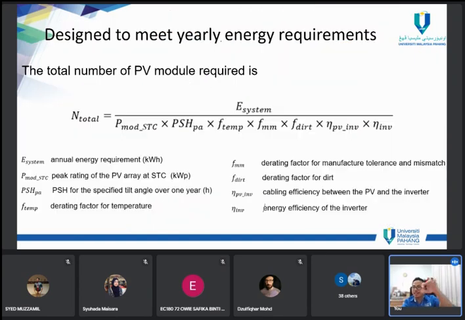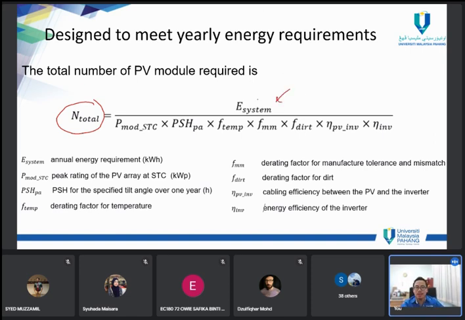So I just rearrange the parameters to take out the N total, because most questions can ask you what is the number of modules required in order to deliver 100 megawatt hours of energy per year. So that's your target. Then you start to calculate.